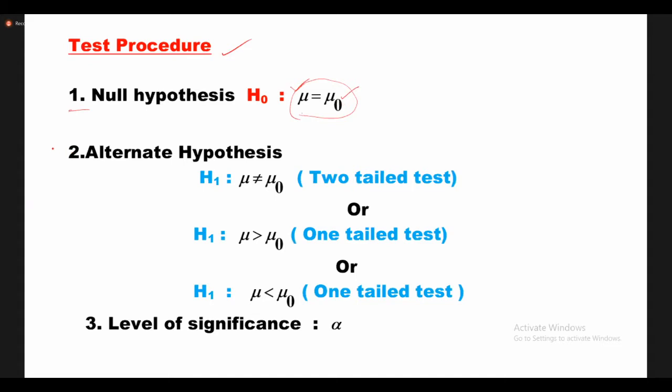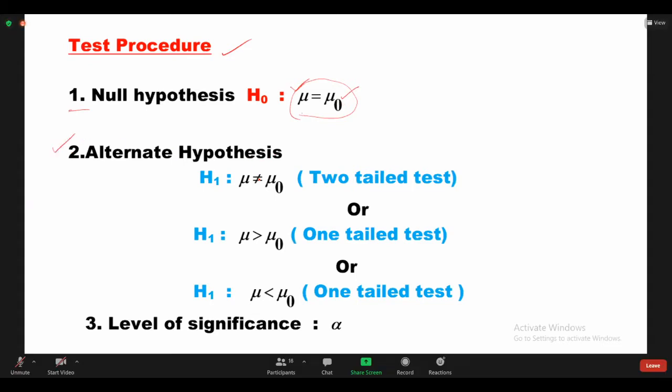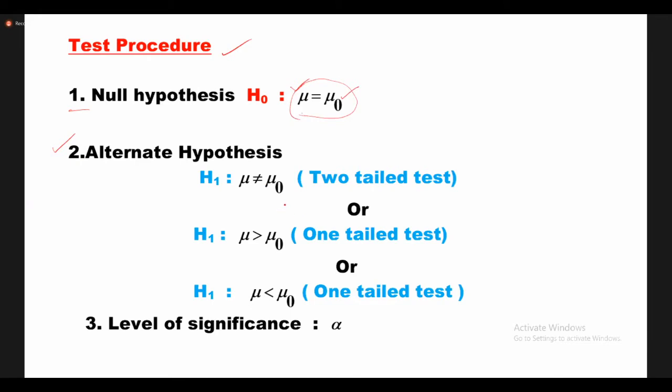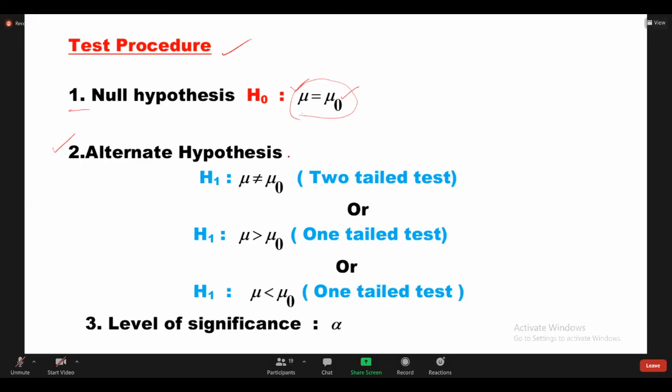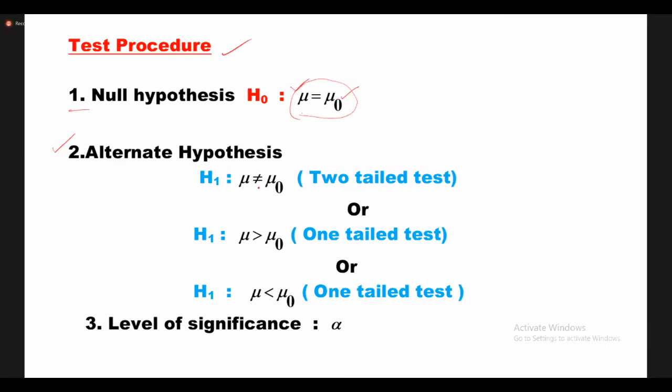And alternative hypothesis. Alternative hypothesis is against the null hypothesis. Depending on the question or data, you can take any one of these notations.